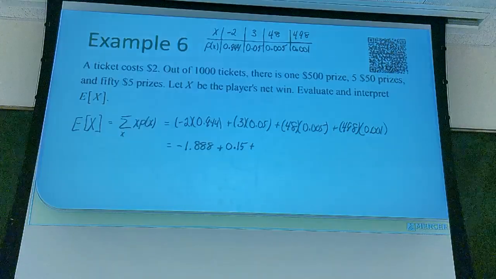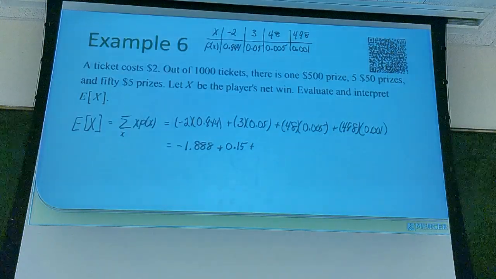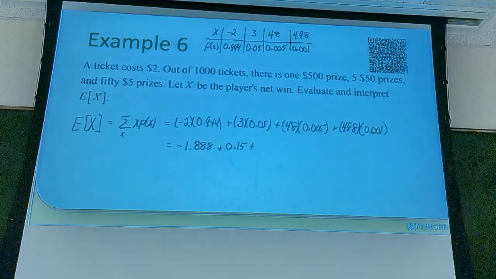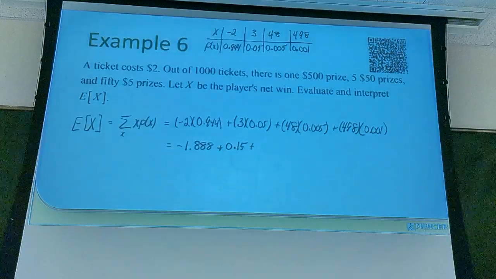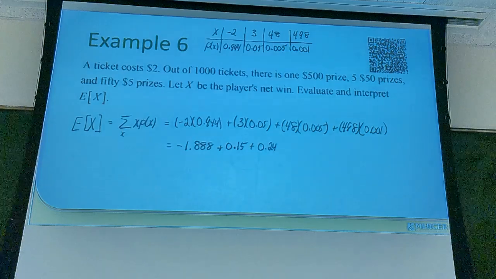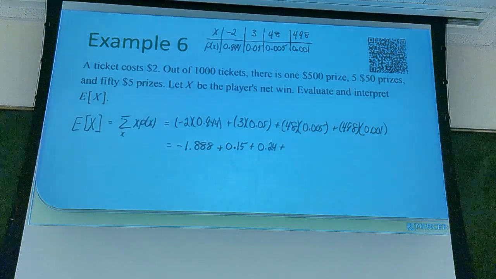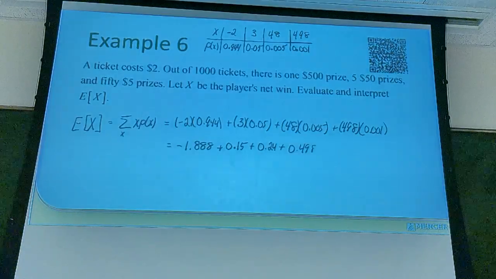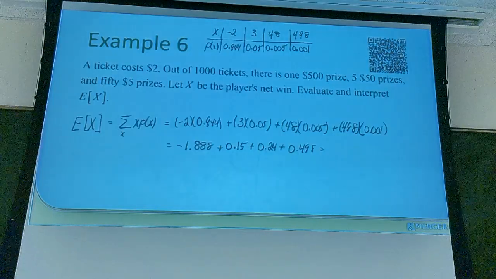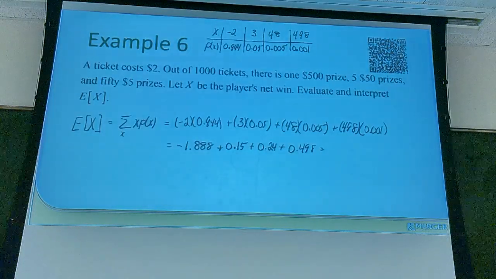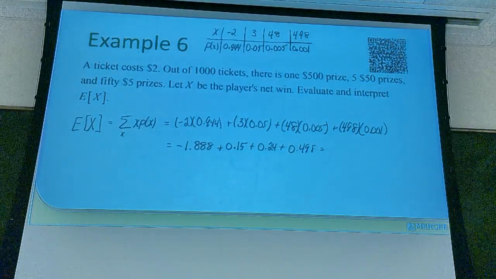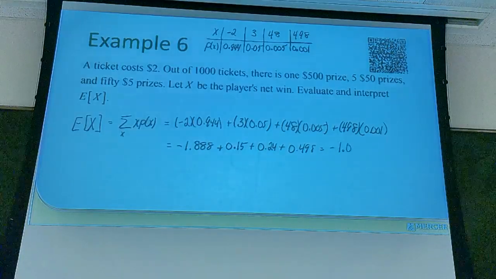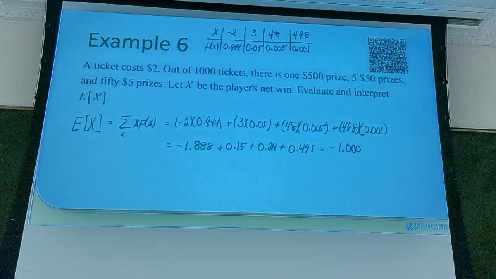48 times 0.005. $498 times 0.001, that's easy. Sum them all up. -1.